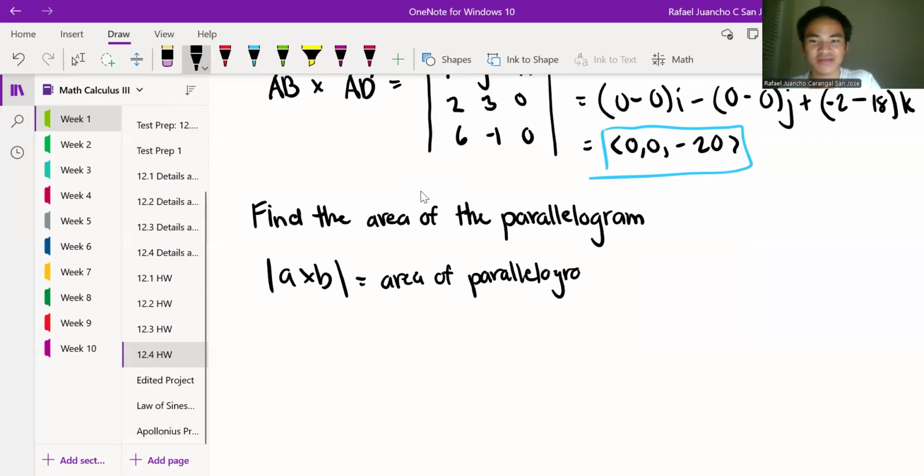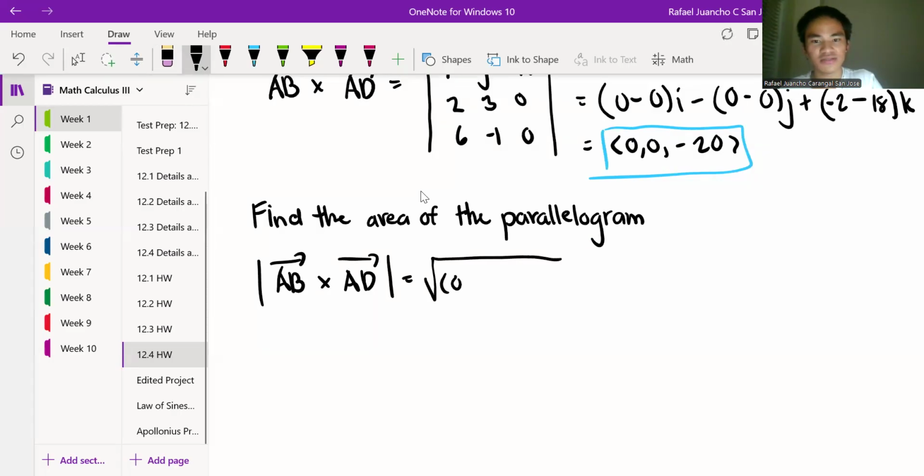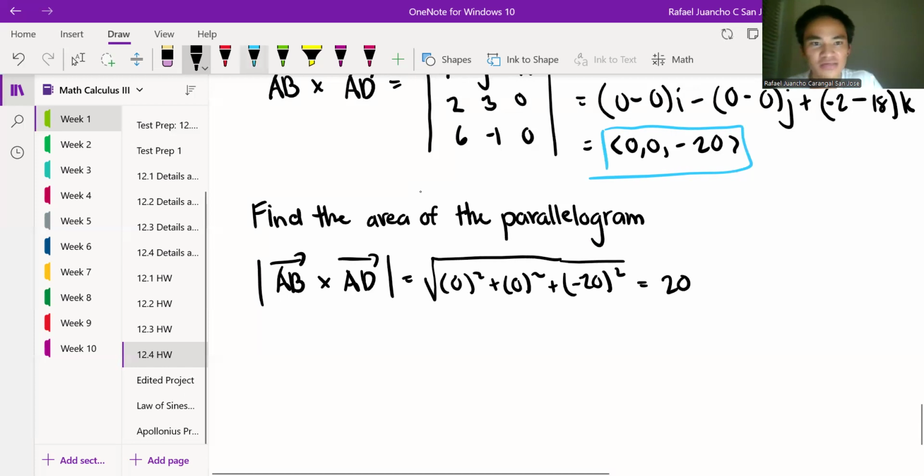That's it. So I just have to get the length of the vector that I already have. So I'm getting the length of this thing. So that's 0 squared, 0 squared, -20 squared. So that's 20. That's it.